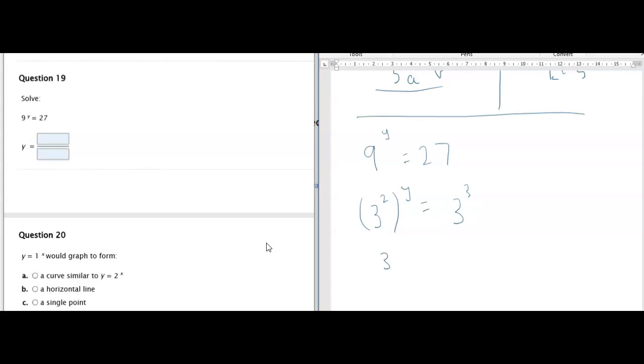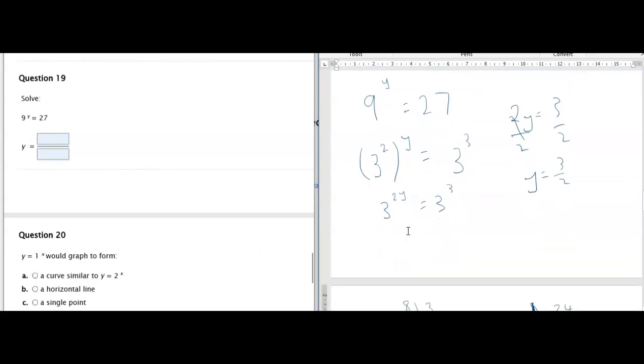Multiplying those powers, we have 3 to the power of 2y equals 3 to the power of 3. Now we have the same base, so I just let my powers equal each other. So 2y equals 3. Divide both sides by 2, so y is equal to 3 on 2.